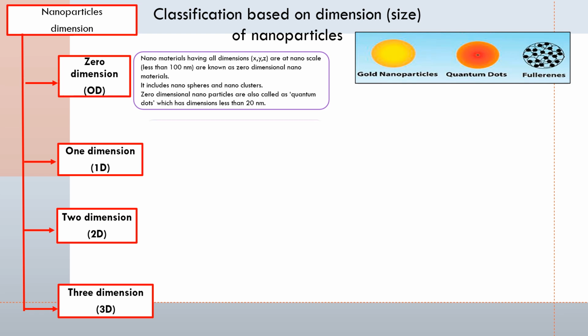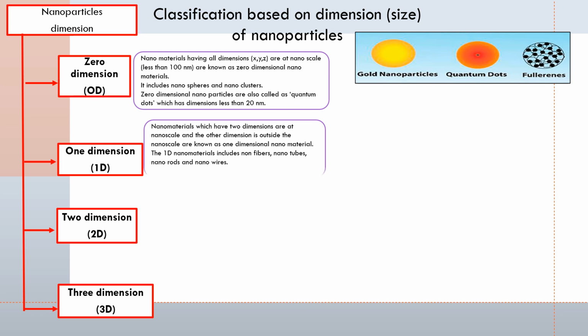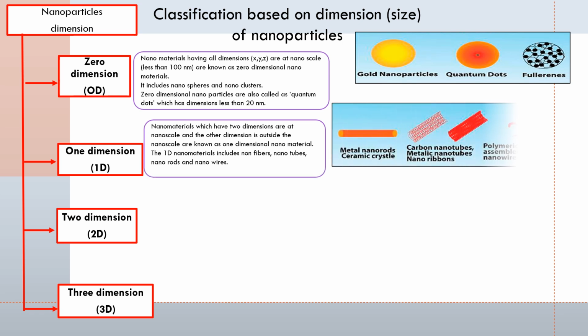And next one is one dimensional nanomaterials. Nanomaterials which have two dimensions at the nanoscale and the other dimension outside the nanoscale are known as one dimensional nanomaterials. The one-dimensional nanomaterials include nanofibers, nanotubes, nanorods, and nanowires. And next one is two-dimensional nanomaterials.